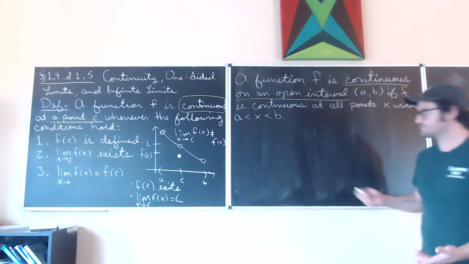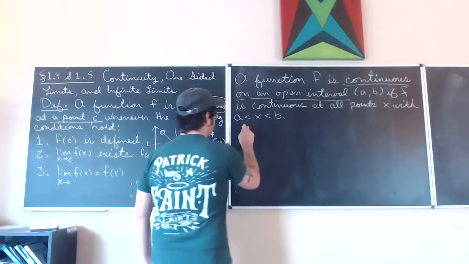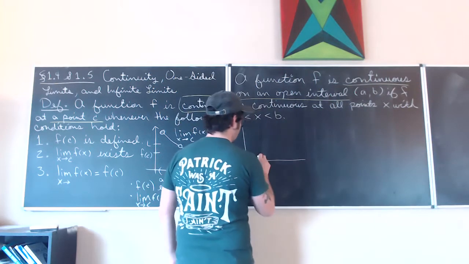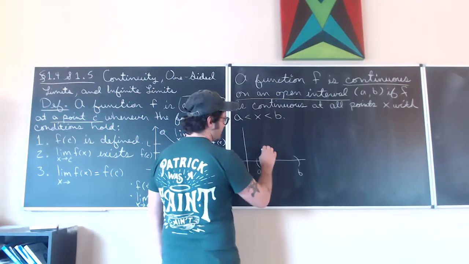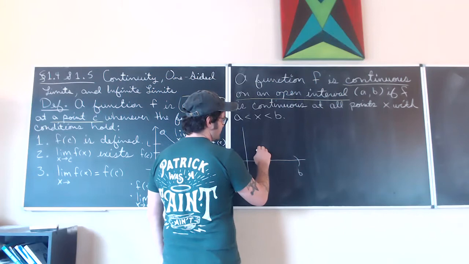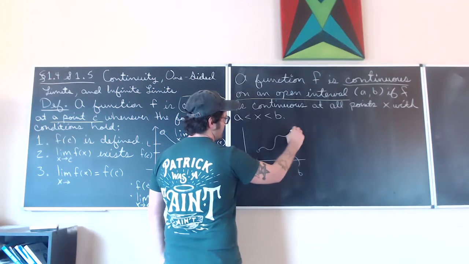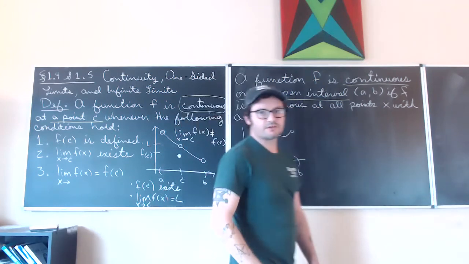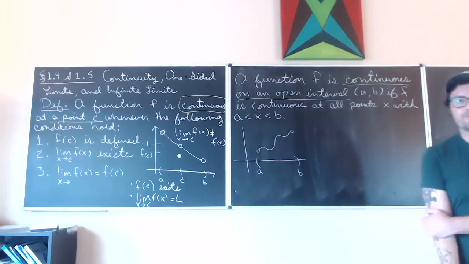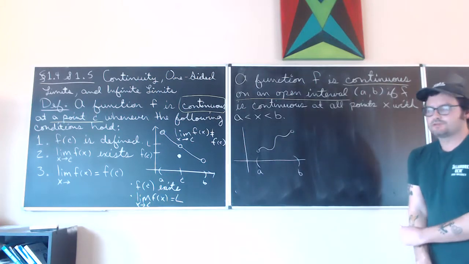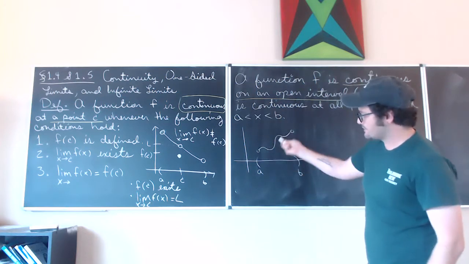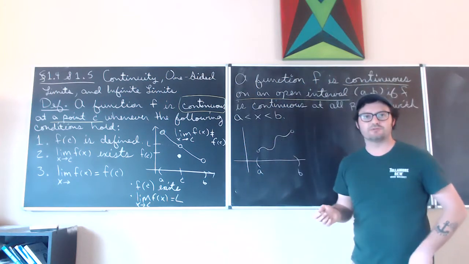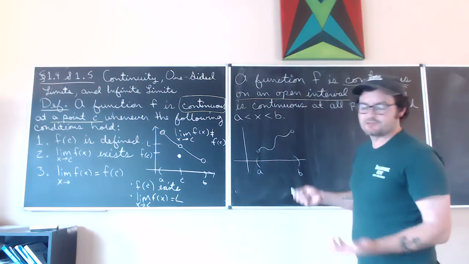So what will these look like? There's a, b, there's an open interval there. And the function is generally going to just be something like that, at least in that open interval. So in this case, we'd say that the graph of this function represents a continuous function on that open interval (a, b). Now we can verify that just by looking at the picture.